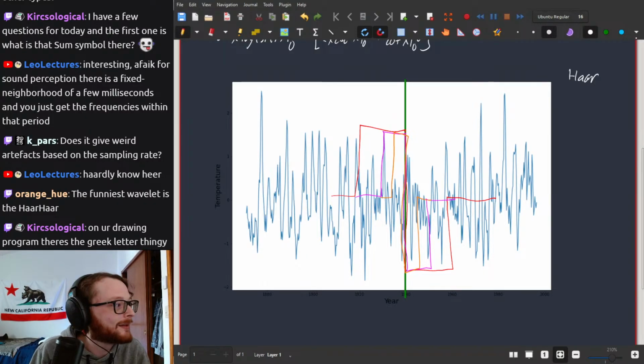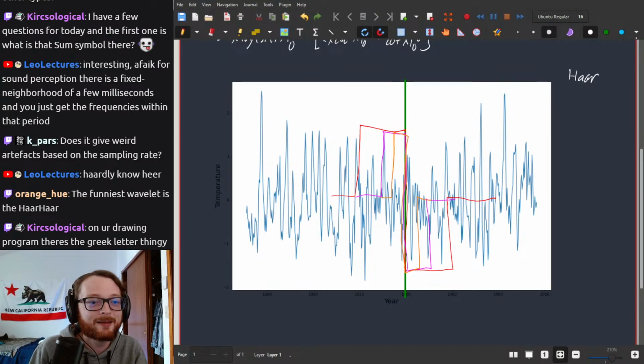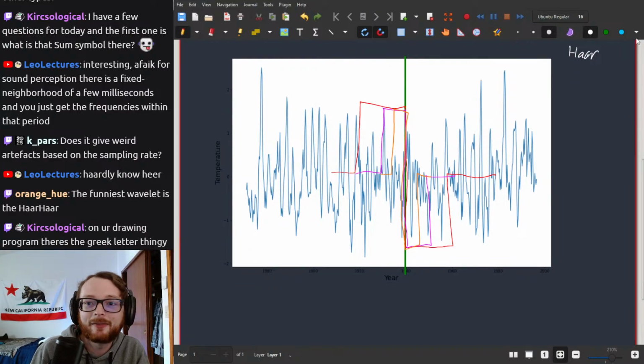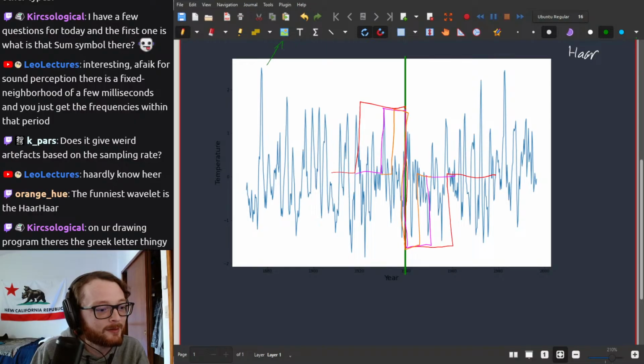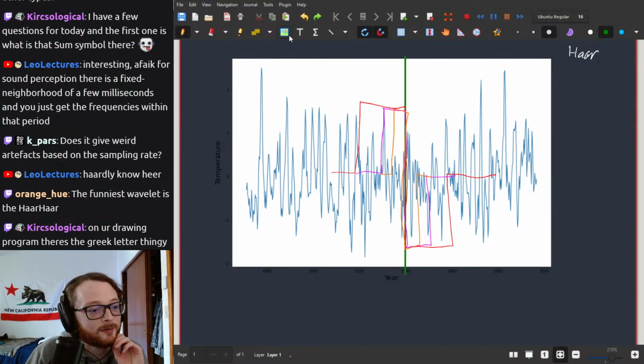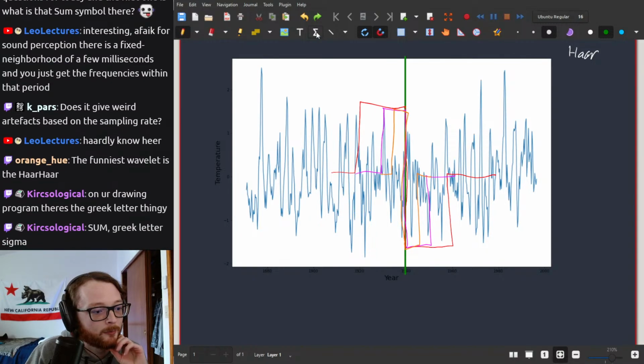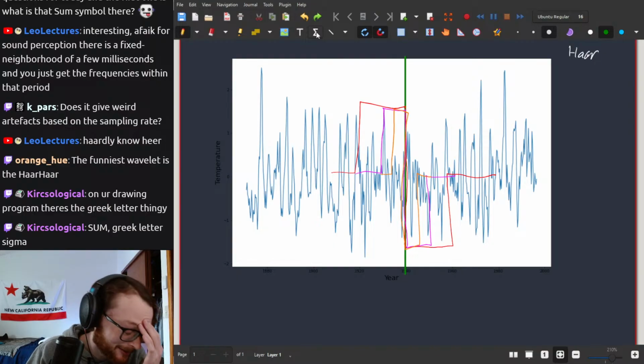Oh, like the sun symbol that's right there. I think it's to insert an image. Yeah, it is. And then there's also the Sigma. You can actually do TeX in this program. Oh, sum! Oh my god!